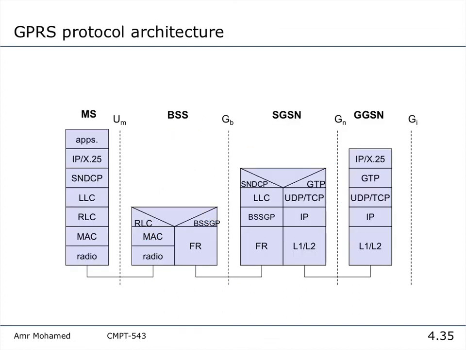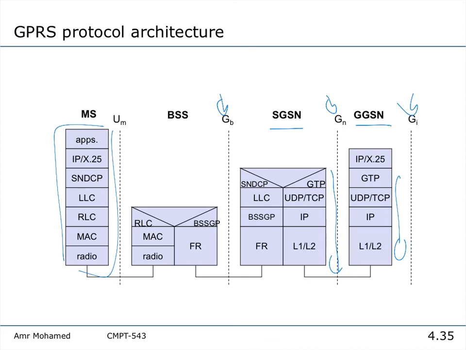So the reflection of this on the layered stack. We talked about some of these layers in the stack for GSM. There are some differences for SGSN and for GGSN. We see that these interfaces are introduced to the architecture or to the layered stack, which means that all these layers have to be specified from scratch.